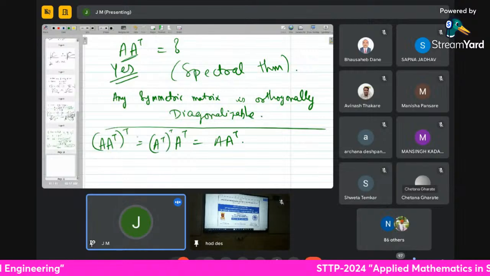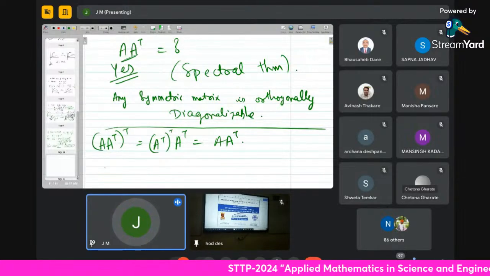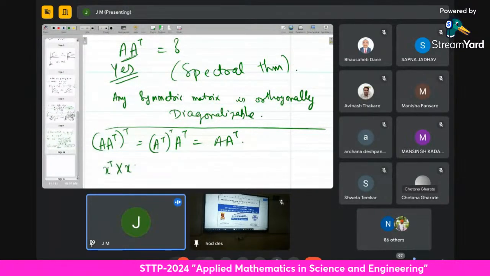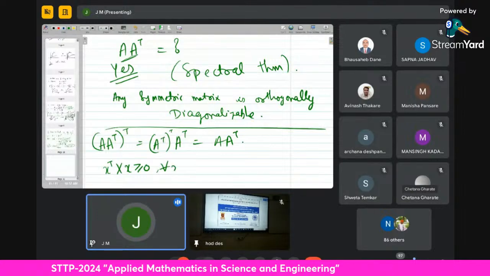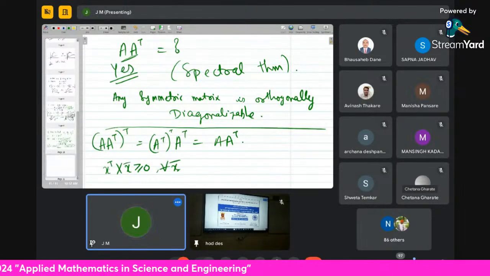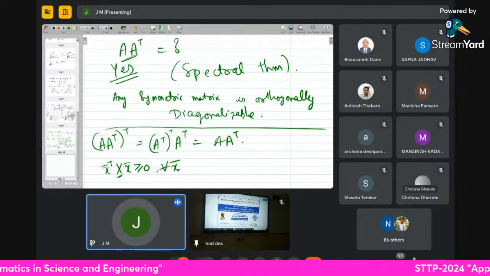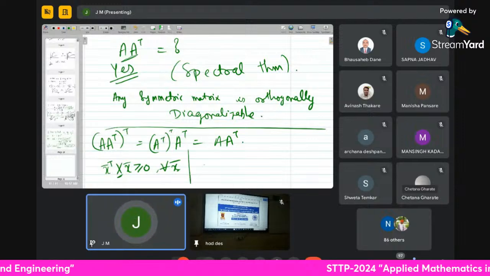Is it positive semi-definite? If X transpose A X is greater than or equal to 0 for all vectors X, then we say that the matrix is positive semi-definite.